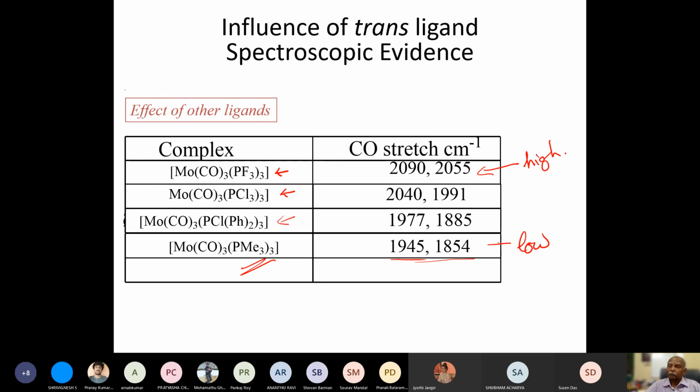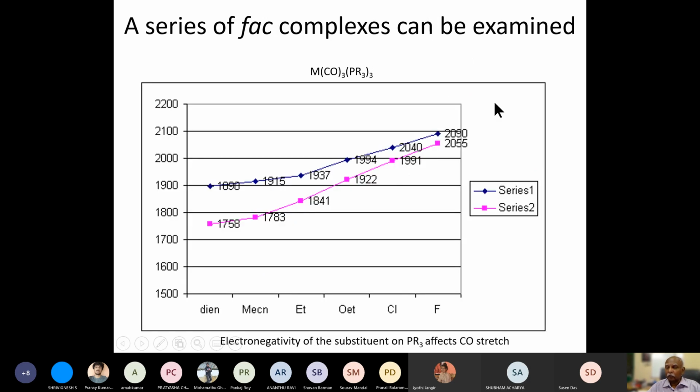But more importantly, it is only the FAC isomer that is formed when I try to do a substitution reaction. So similarly, if I do a di-substitution, it's only the cis complex which is formed. The trans complex is not favored.